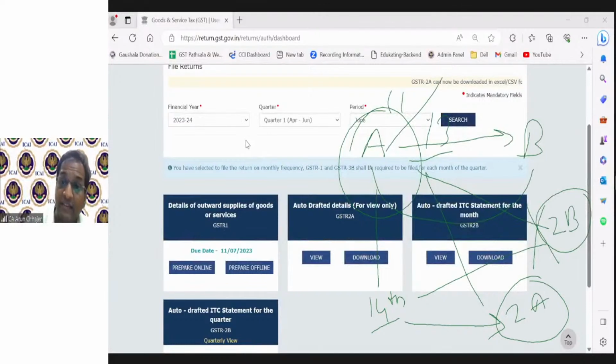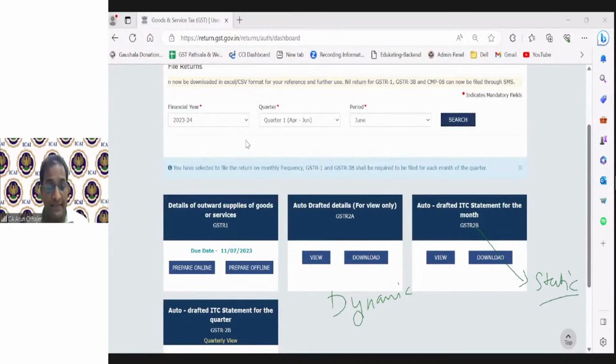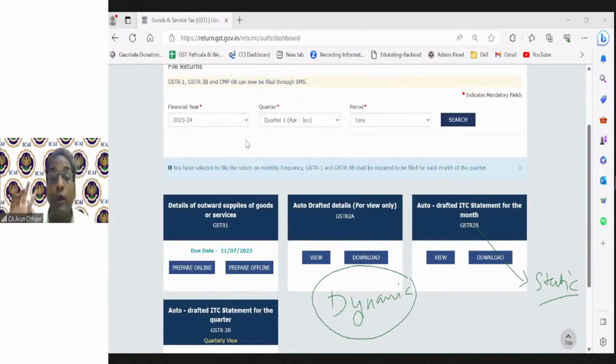We are saying that GSTR2A is a dynamic document and GSTR2B is a static document. क्या मतलब हुआ इसका? GSTR2A एक डायनेमिक डॉक्यूमेंट है जो किसी भी दिन GSTR1 अगर सप्लायर फाइल करेगा ना, तो ये रिसिपिएंट के 2B में अपडेट, 2A में अपडेट हो जाएगा। But if the supplier files the GSTR1 by the due date, it will appear in the GSTR2B also of the same month.